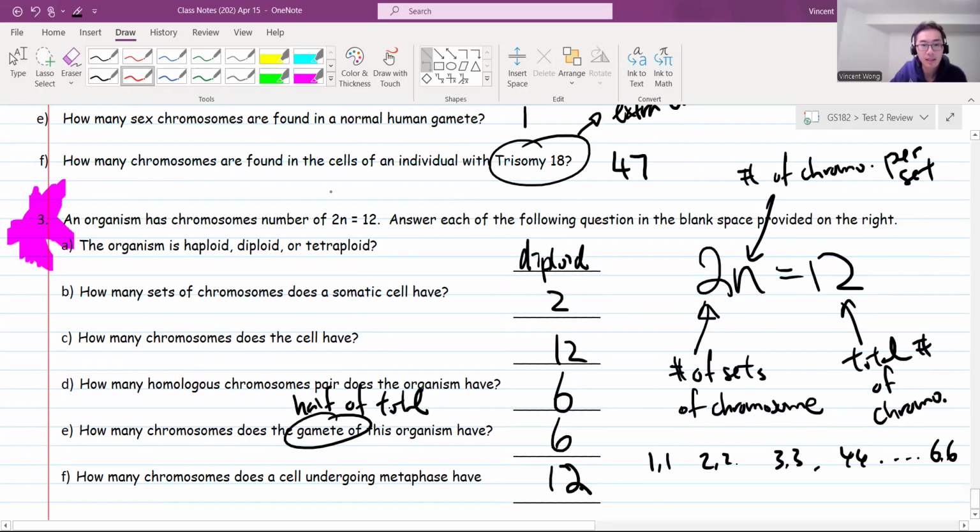Okay, let's try this question again. Let's do 3n equals 36. I'll give you a moment to fill this in. I'll be right back.